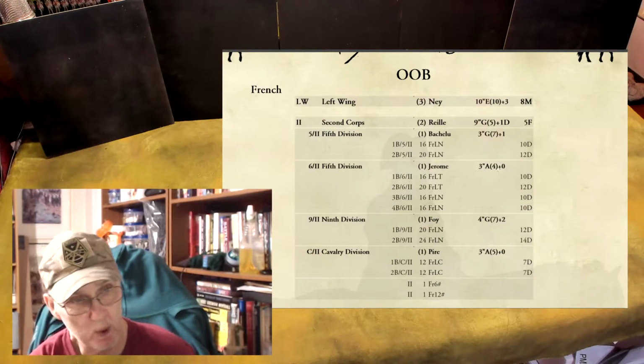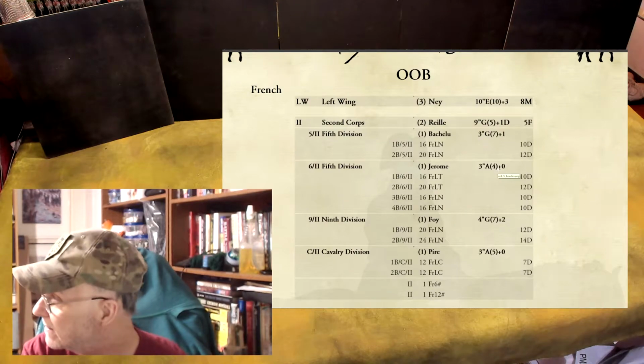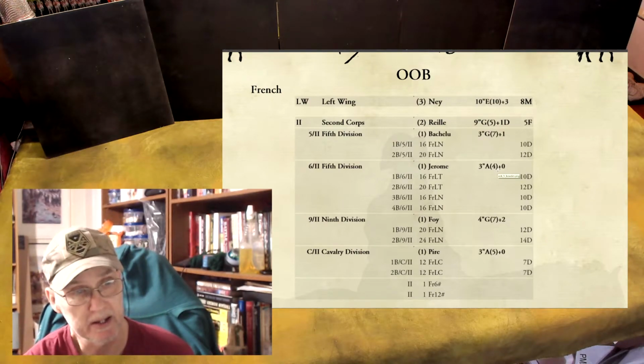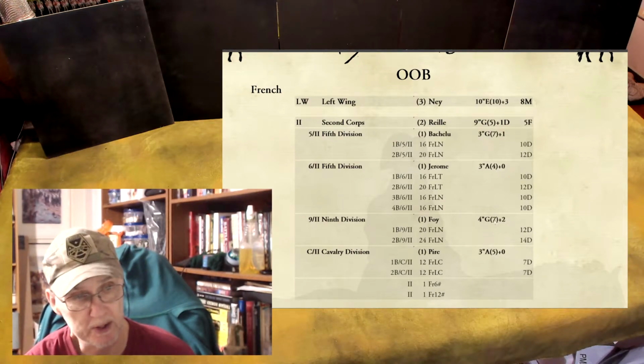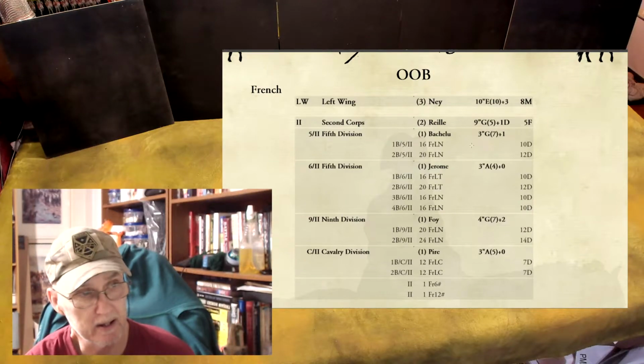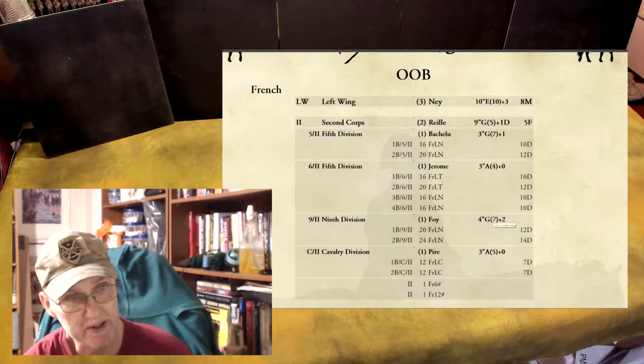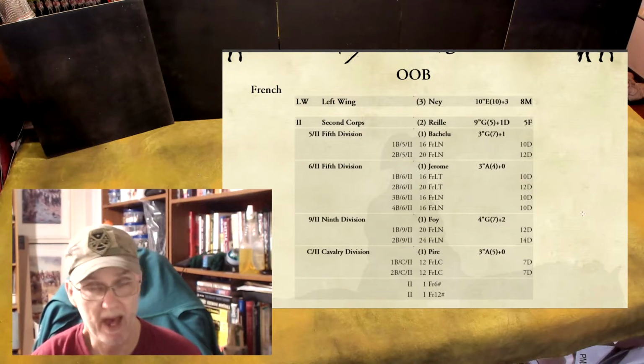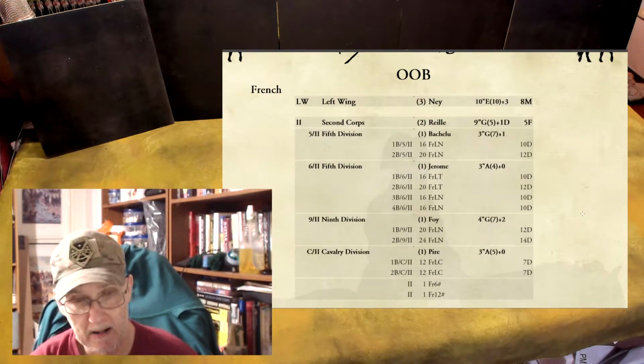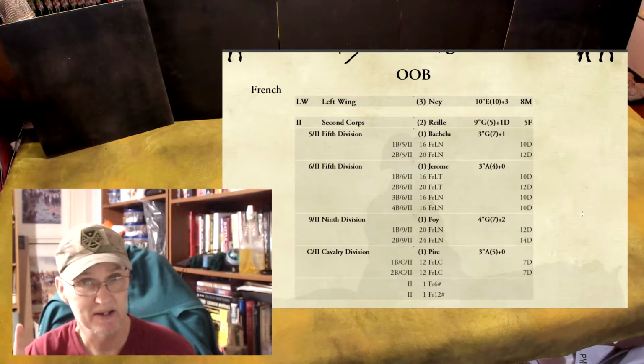That's the number you have to roll less than on a 10-sided die to succeed with their command and control. And you can see it looks like Bachelu and Foy are 7s, where Jerome was only a 4. And then the final number is their combat modifier. But I'm not using any of that.